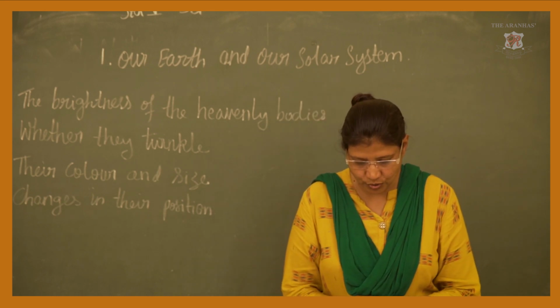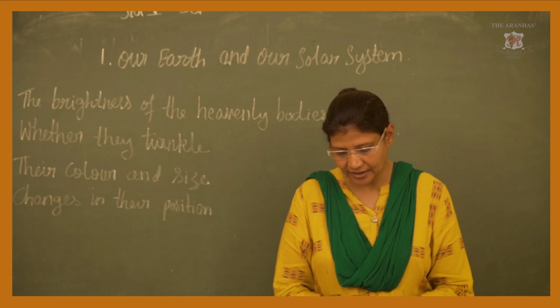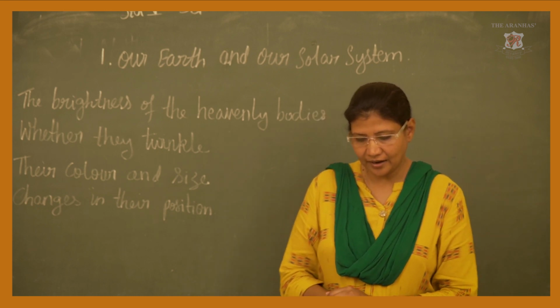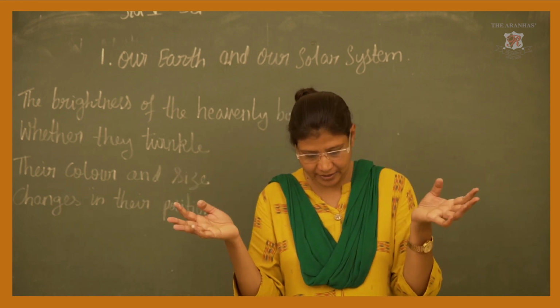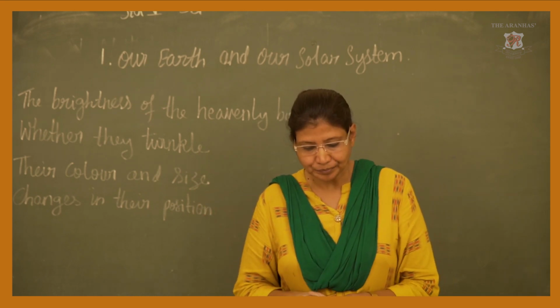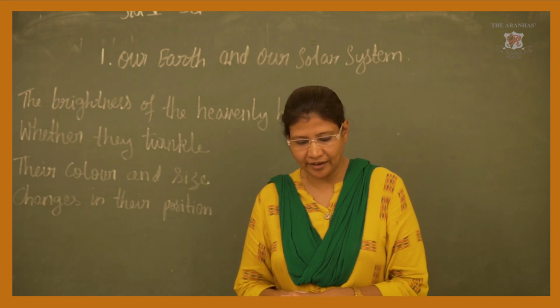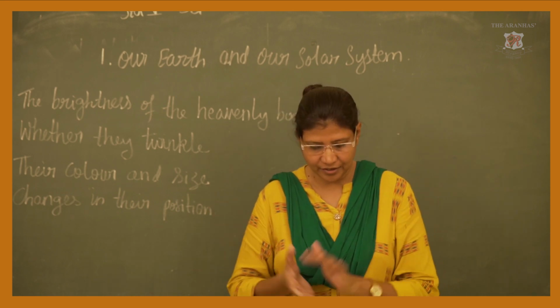It is closer to us than any of the other stars, hence it appears big and brilliant, which means very bright. In the bright light during the day, we cannot see other stars.